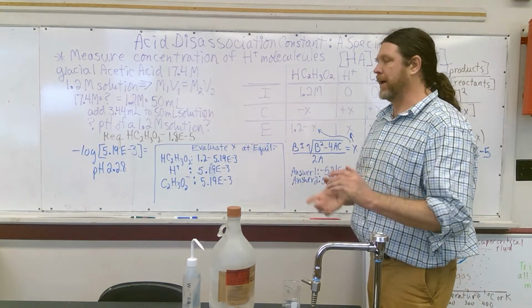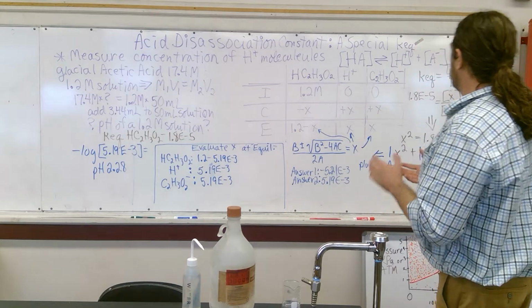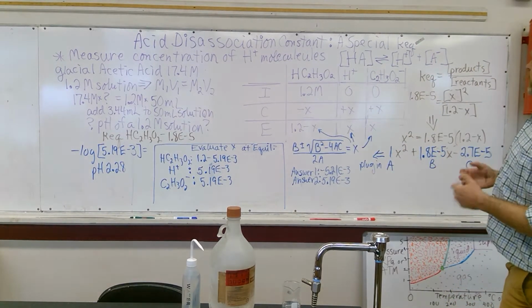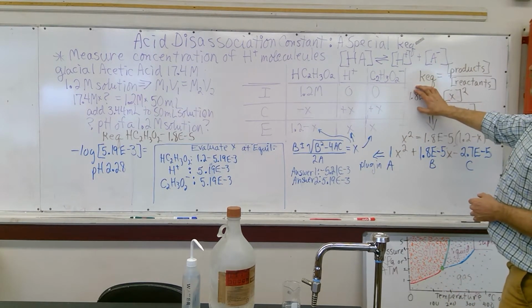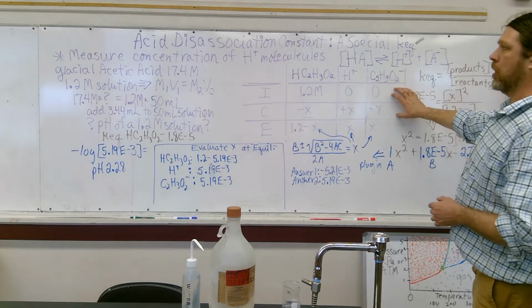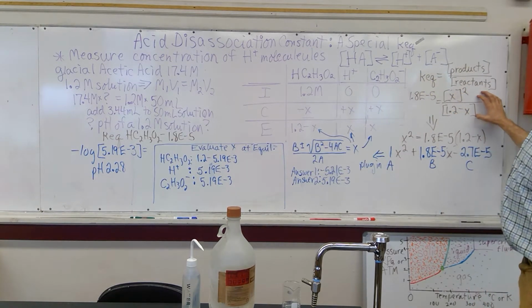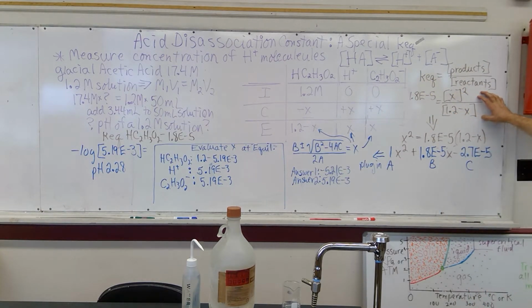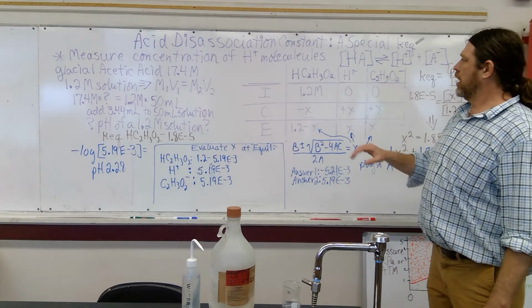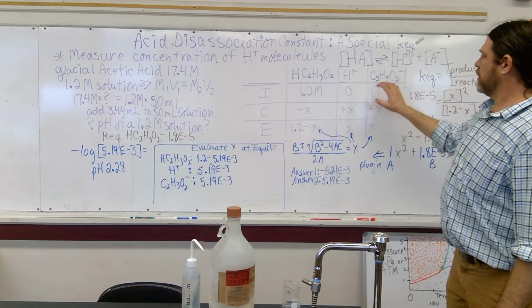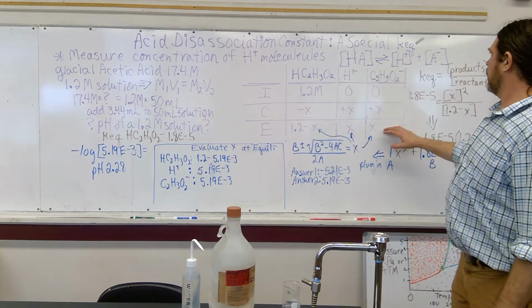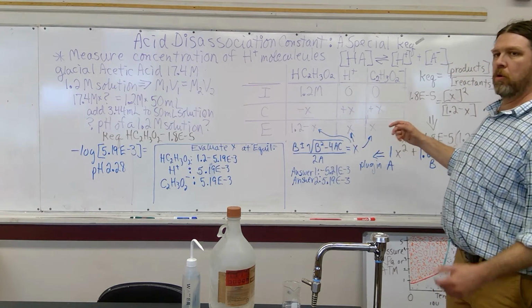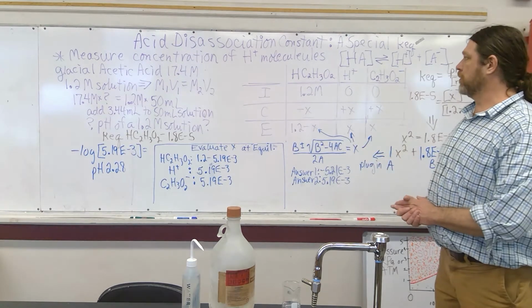So how are we going to go about that? What we do here is plug in our Keq and use an ICE chart to generate an algebraic expression that can help us predict what the concentrations of our reactant and our two products are going to be when we are finally at the E, better known as equilibrium.